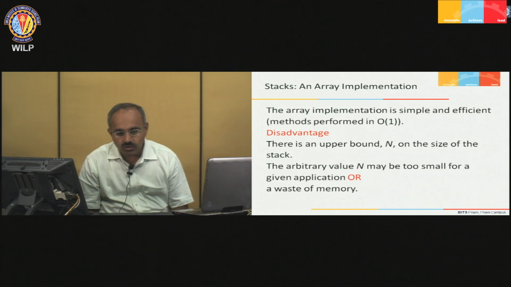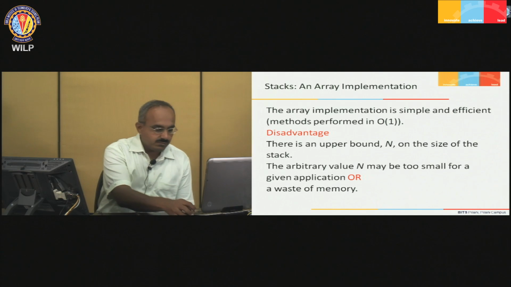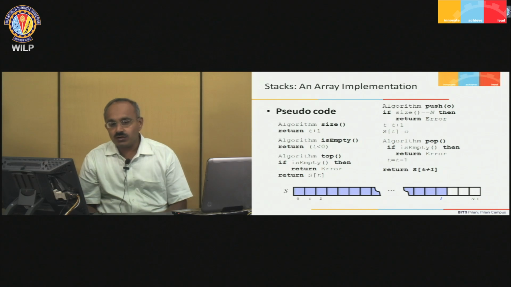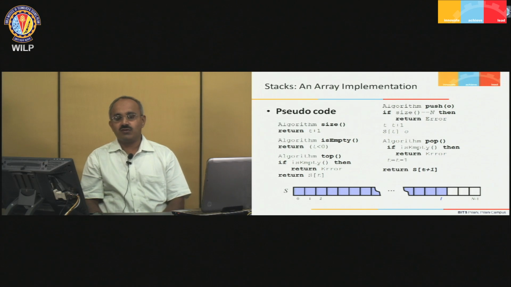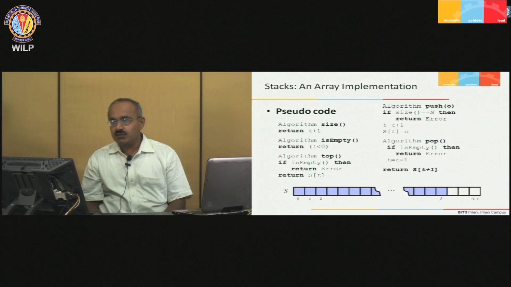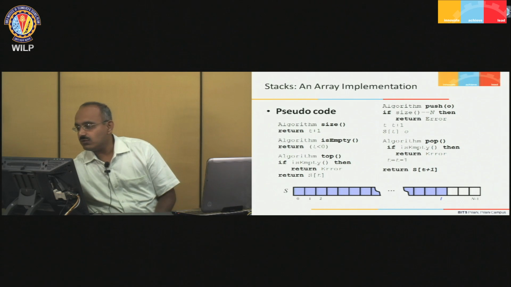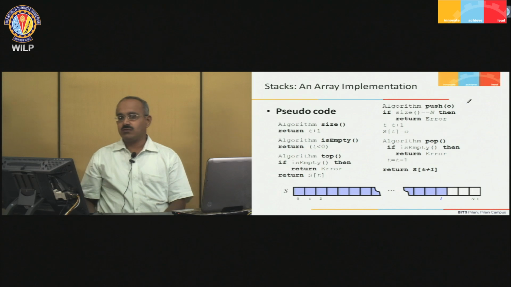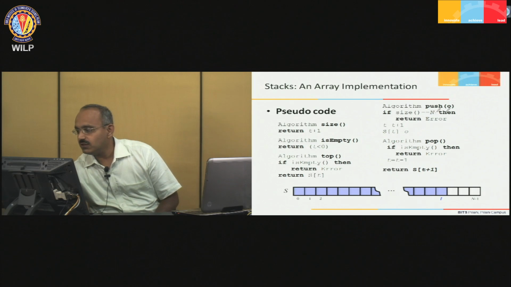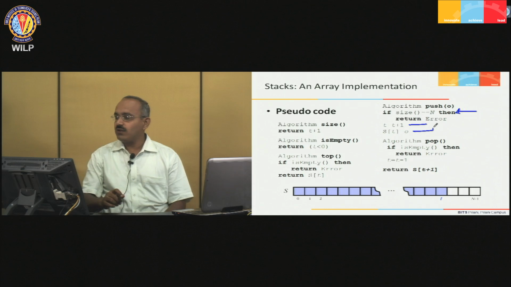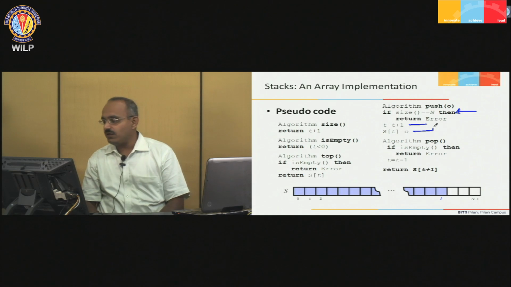Now, if I look at the operations of push and pop here, let us see what the order of these operations is, that is, how many operations we are going to perform for this algorithm. In push, we first call this function; we are not counting that because it is a function call. What we do is simply t equal to t plus 1 and assign O to the location t.